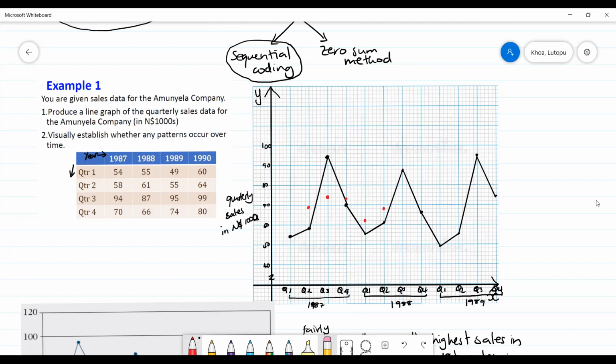That's right here. And then 71.33. Then 67.33. Then we have 56.